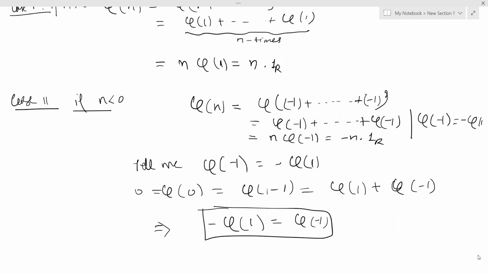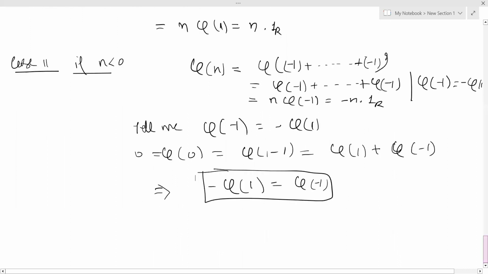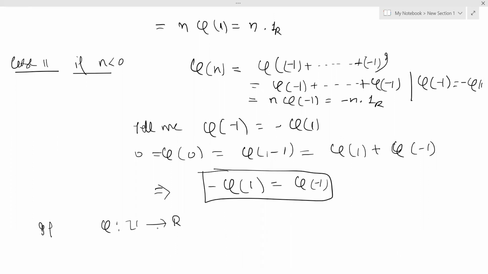So you determine this homomorphism, right? If there is a homomorphism phi mapping Z to R, you use the property and show that it should send 1 to 1. Then you check that for all n in Z, the choice of phi of n is always fixed. So it is a unique ring homomorphism.